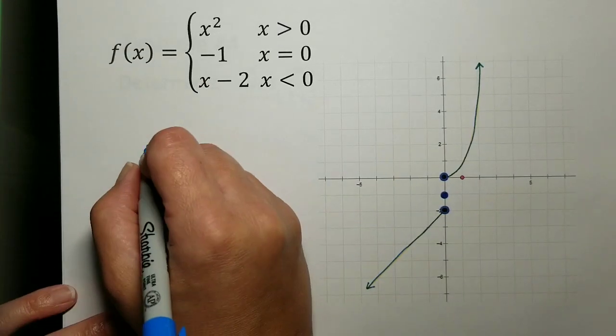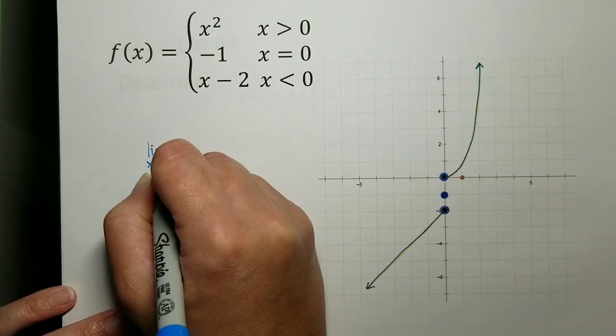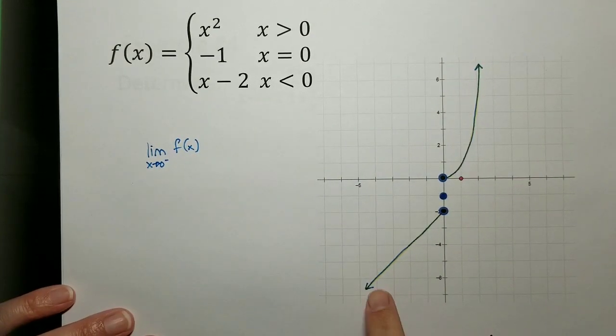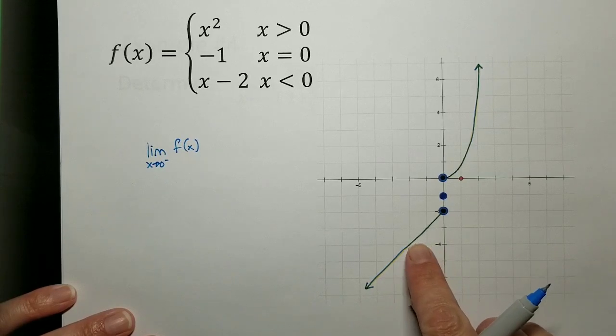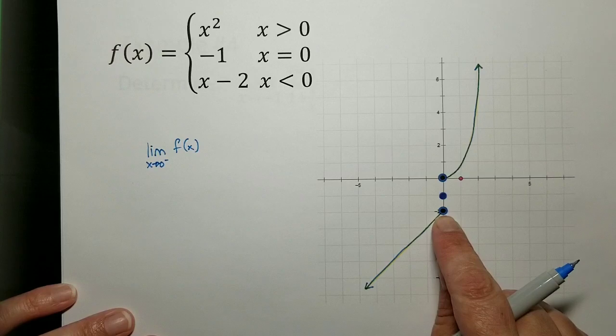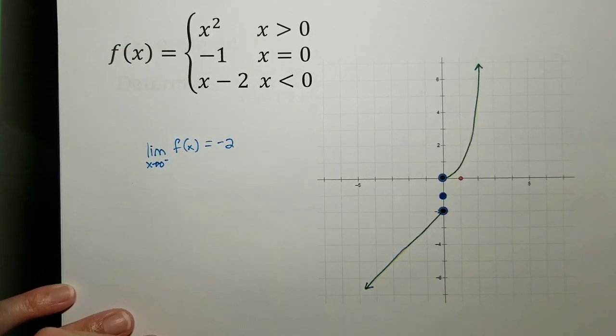We would have to look at the limit as x approaches 0 from the left of f(x). As we're approaching from the left, on the left-hand side of 0 and going towards 0, the limit here would be -2. It's getting closer and closer to -2.